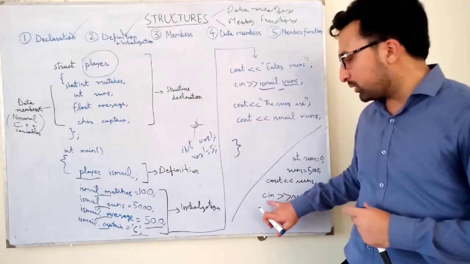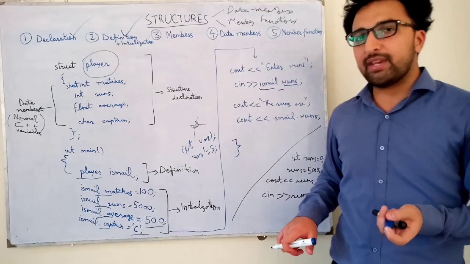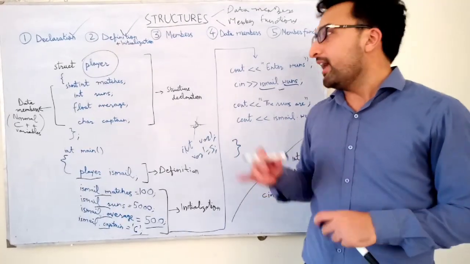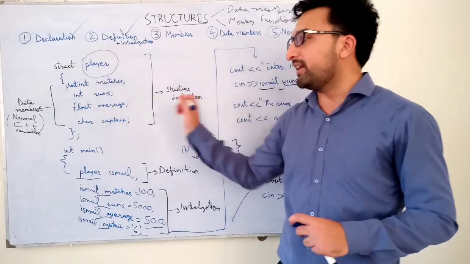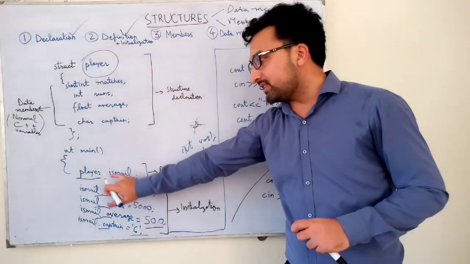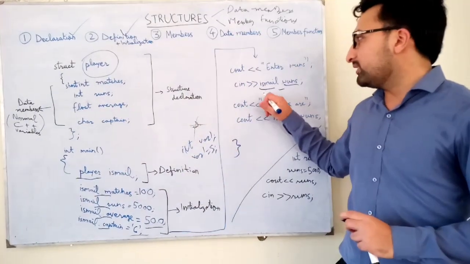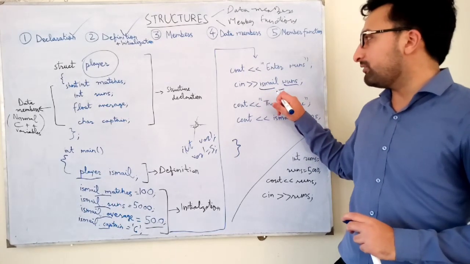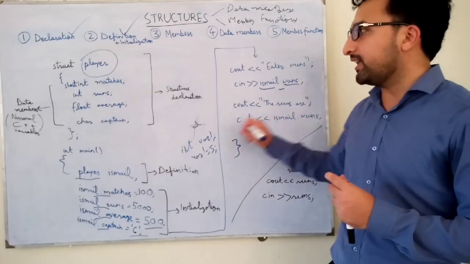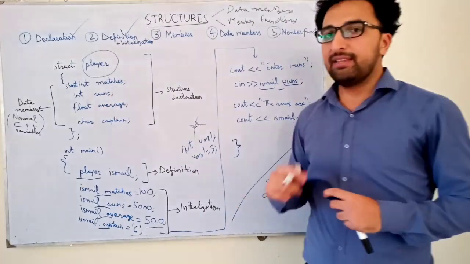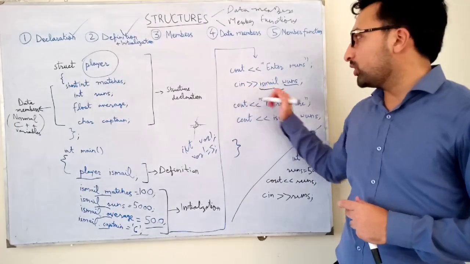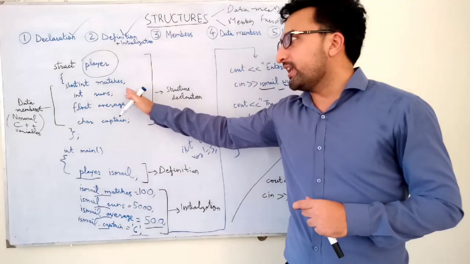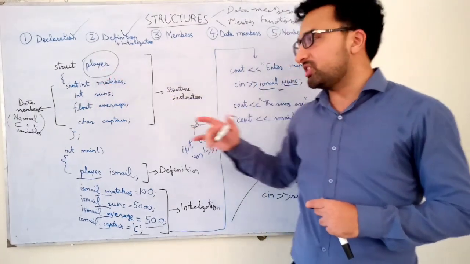Just like we used to write cin, the name of variable, when the variables were independent, here the variable runs is part of something bigger than itself, and it can be accessed through the instance of that particular structure. So that instance was this, followed by a dot operator, and after that the variable that needed to be accessed, and now we can store the value in that variable inside that structure.